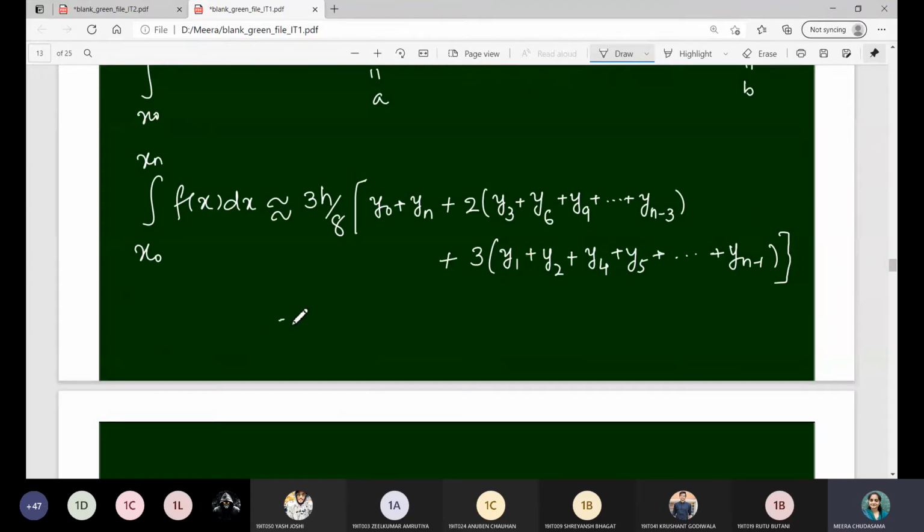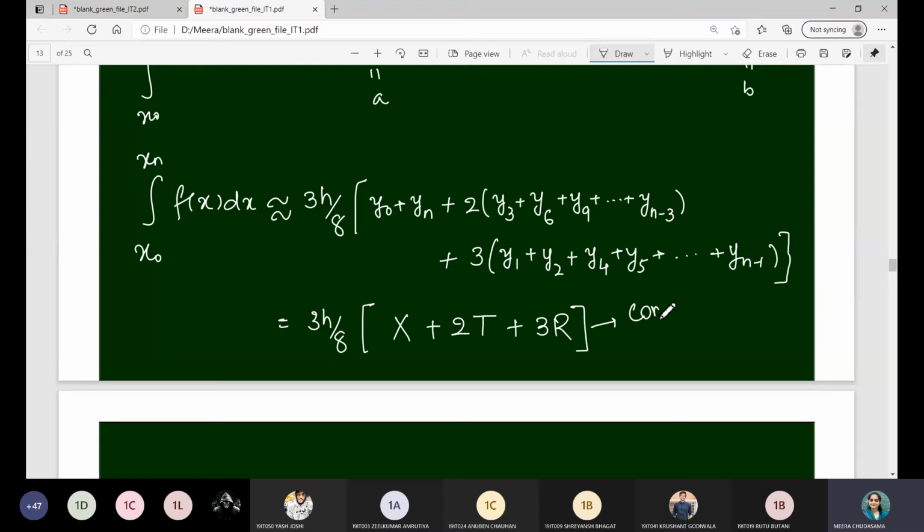So in our notation, we can write this as 3h by 2 times the sum of extreme values plus twice the sum of y values with suffixes multiples of 3, plus 3 times the remaining values.